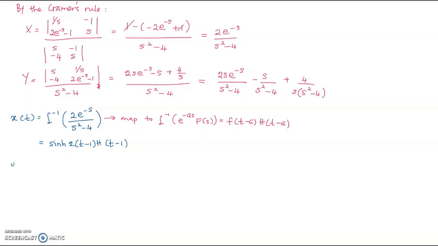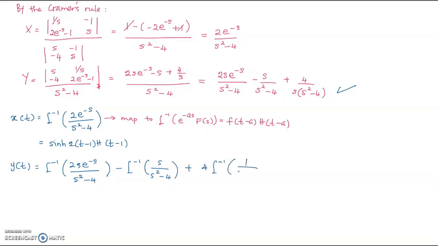And then for the yt, this is a bit longer because we have three expressions for the ys. So yt is the inverse of three terms: 2s exponent negative s over s squared minus 4, minus the inverse of s over s squared minus 4, plus 4, you can take out the 4, times the inverse of 1 over s squared minus 4.